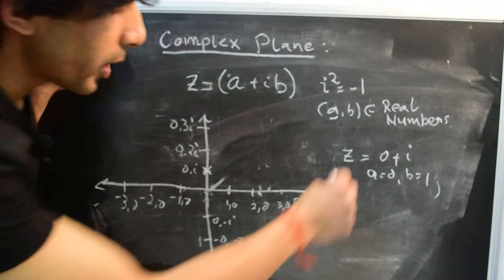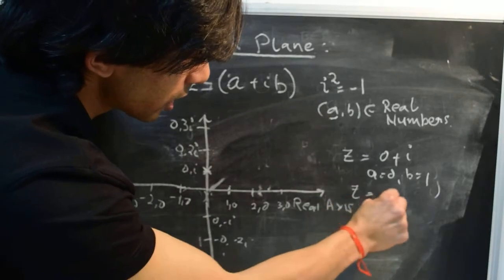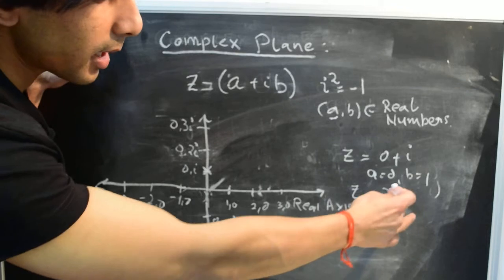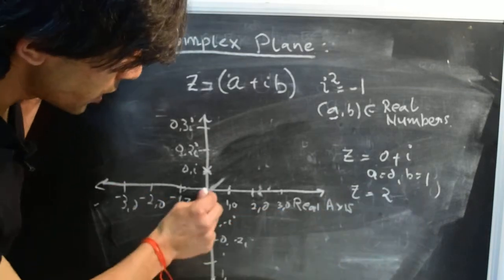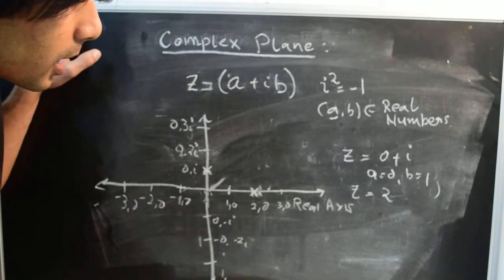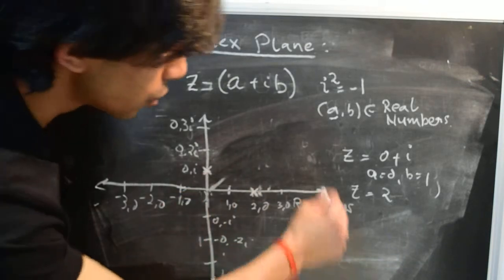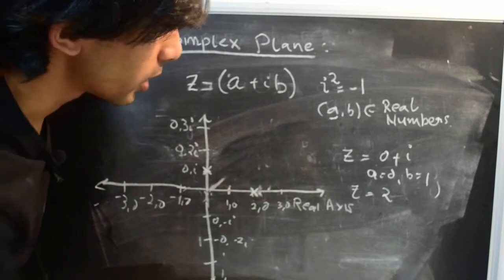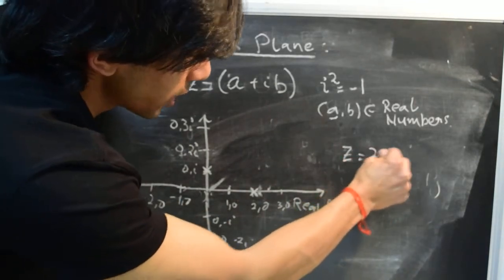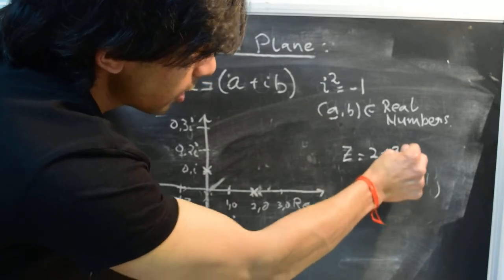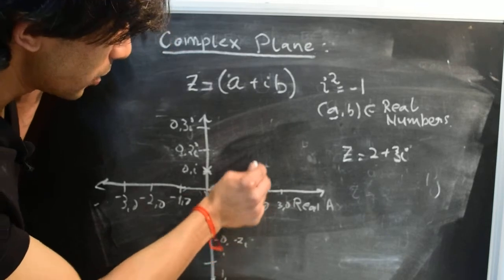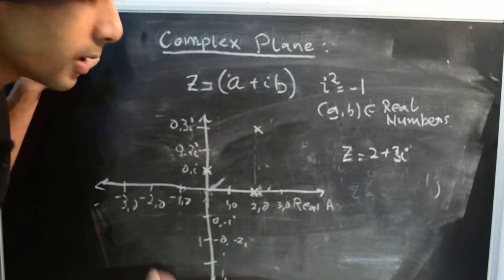If we were to arrive at the point, let's say z equals 2, then we notice that it does not have an imaginary part, and so we just move 2 units along the real axis and arrive at this point. If we want to arrive at the point z equals 2 plus 3i, then you'll move 2 units along the real axis and 3 units along the imaginary axis to arrive at this point.